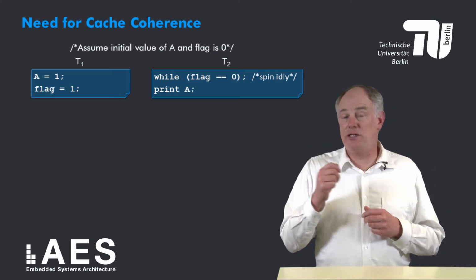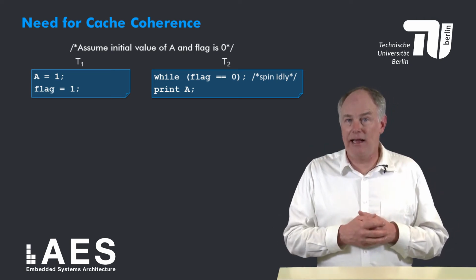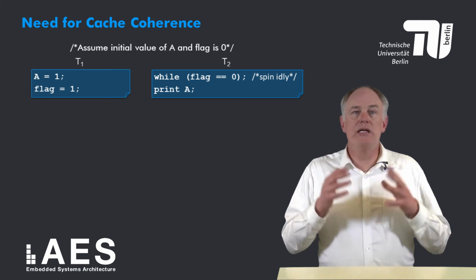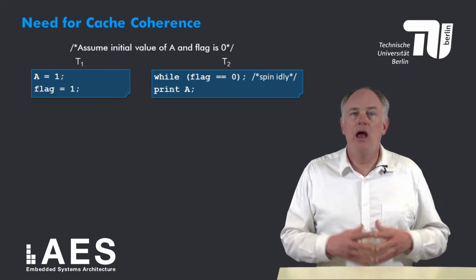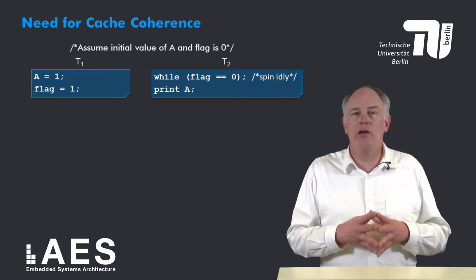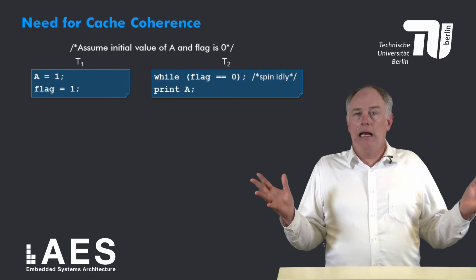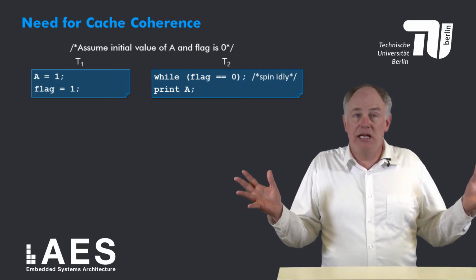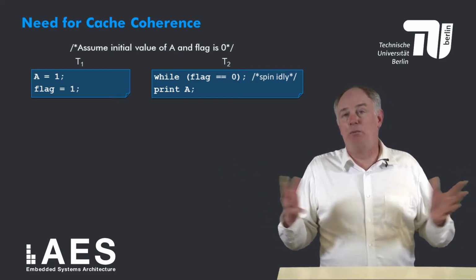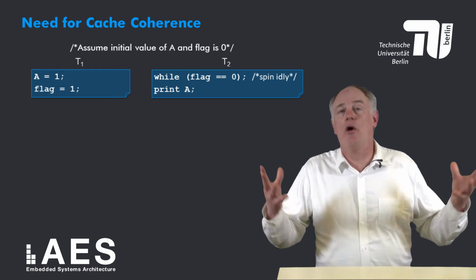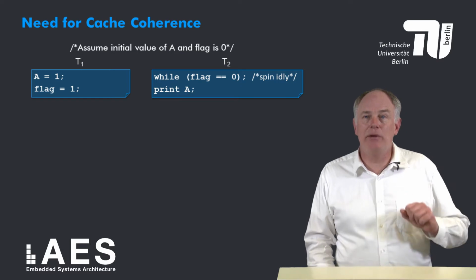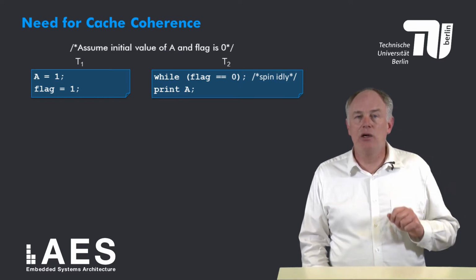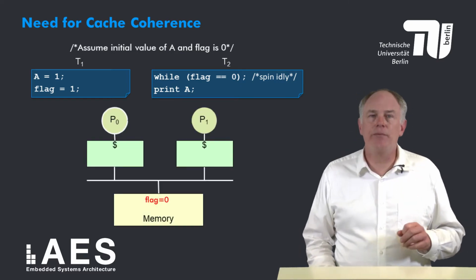Thread T1 first sets A and then sets flag, and thread T2 stays in an idle loop until the flag is set to 1. Then T2 prints the value of A. Clearly, it was the programmer's intention that this program should print the value 1, even though in a very difficult way. But consider now what may happen when this program is executed on this SMP.